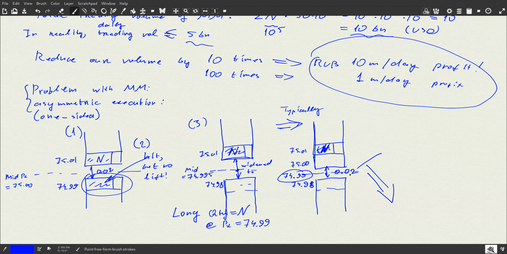So you may receive, not you, but the bid side may in this case receive yet another hit. And this typically happens. So a microtrend occurs. With this microtrend occurring, due to the same mechanism, you would see that the mid price is falling, going down.